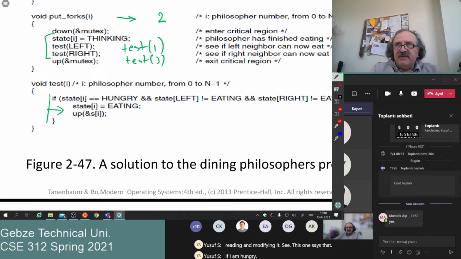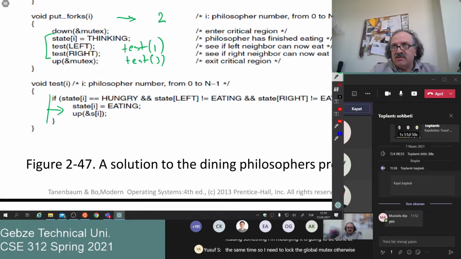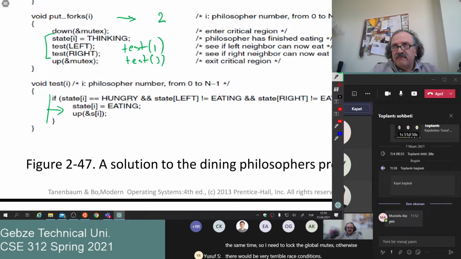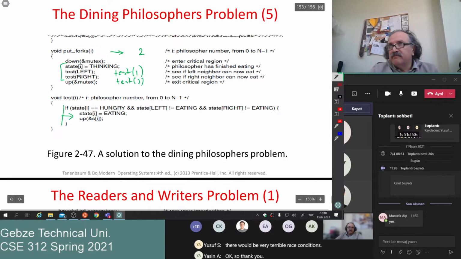So reading something and modifying it is going to be done at the same time, so I need to lock the global mutex. Otherwise, there would be very terrible race conditions. Okay, sir, thank you. Any other questions?